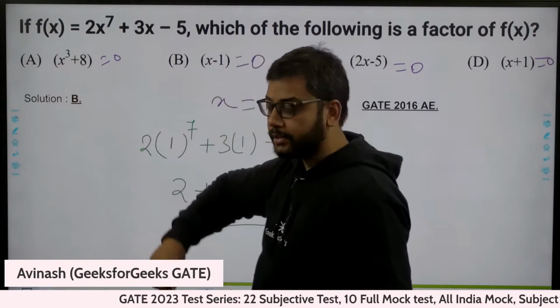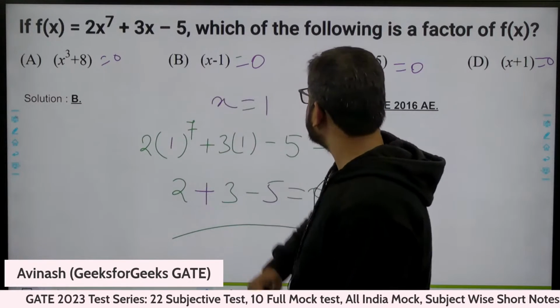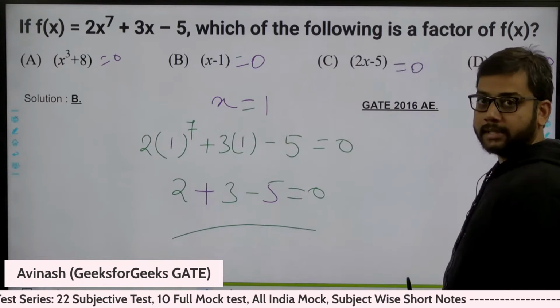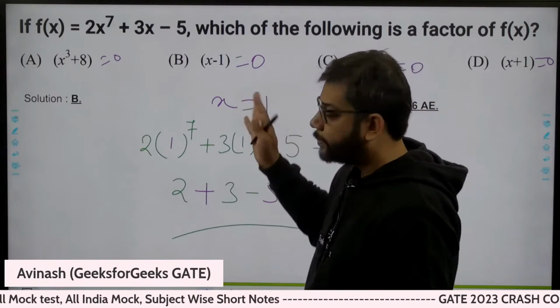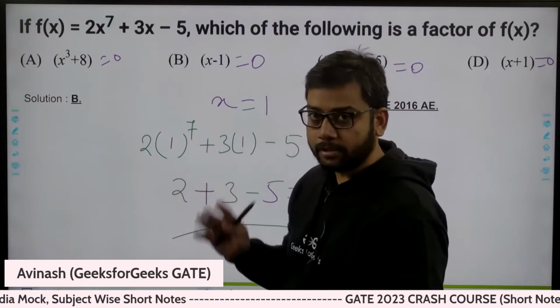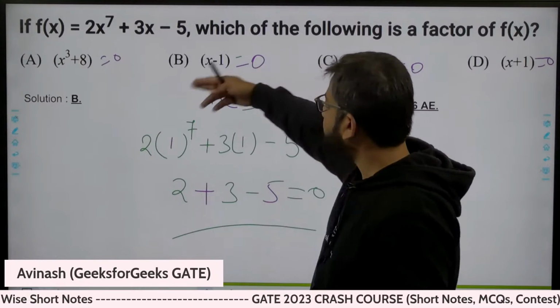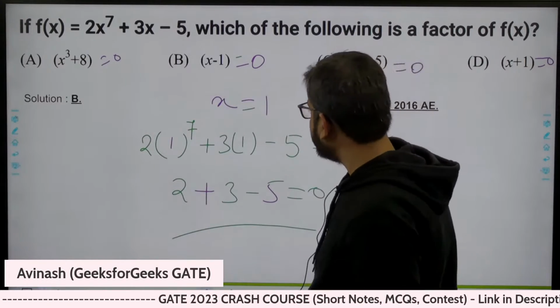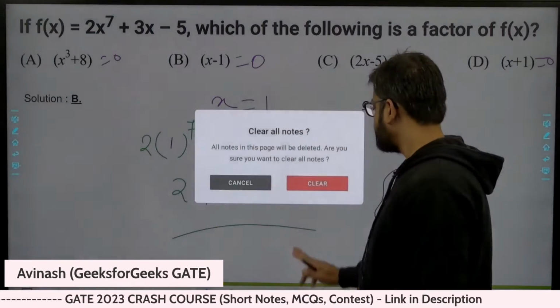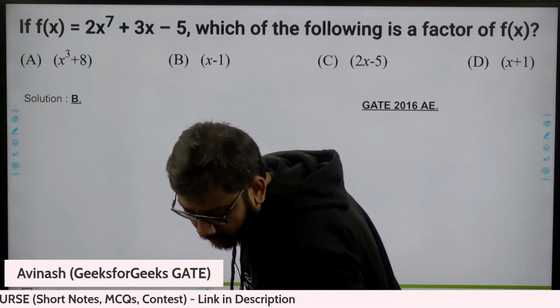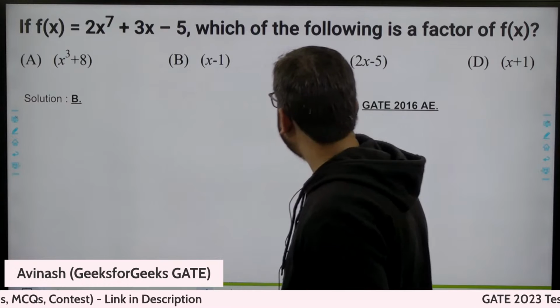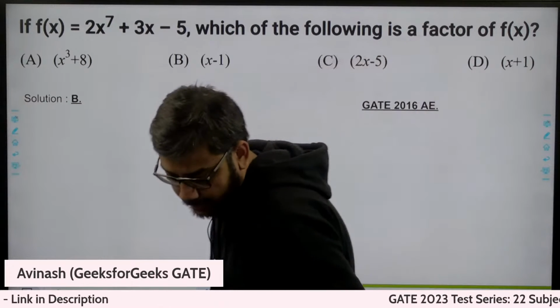Go with the easy one, like putting x is equal to 1, which is easy. You don't have to use the pen for this, just put the value and you will get the answer. Once you're not able to find the answer, then go for C and A. Dinesh, B. Yeah, it's B.